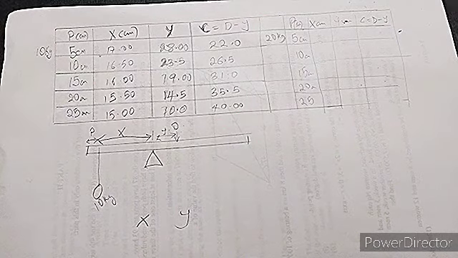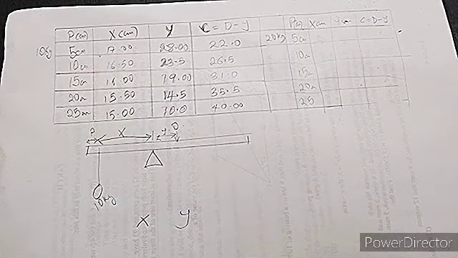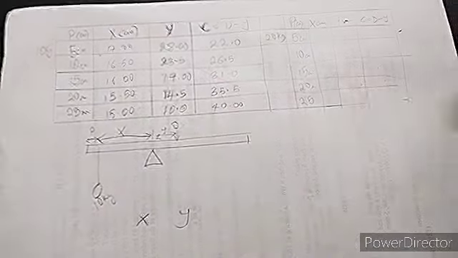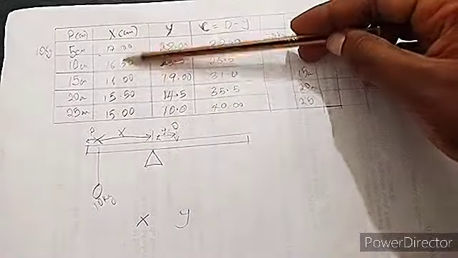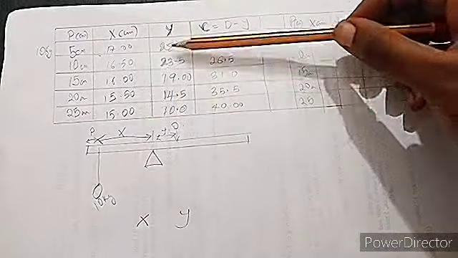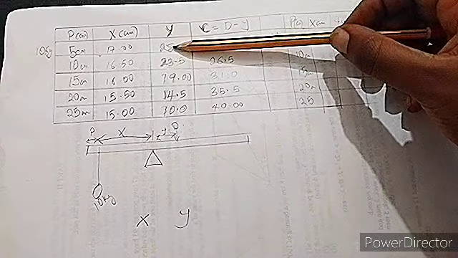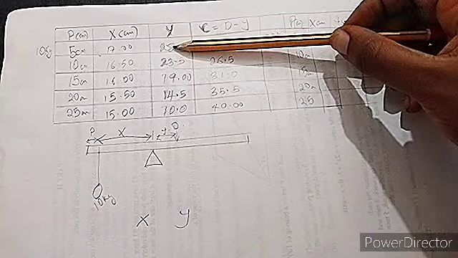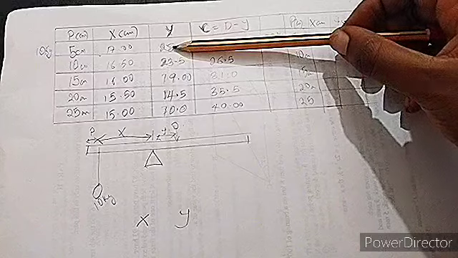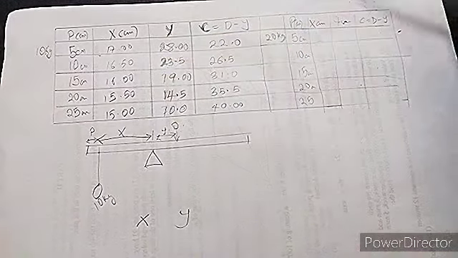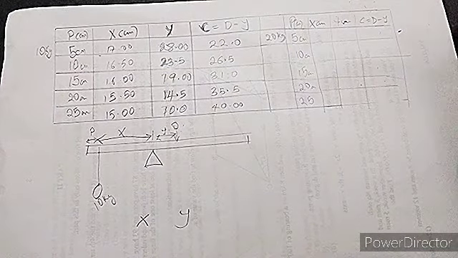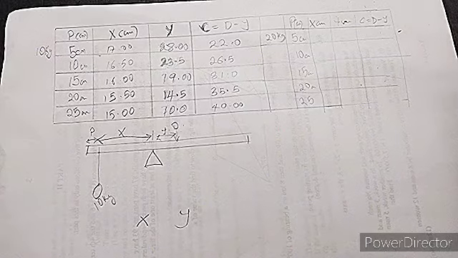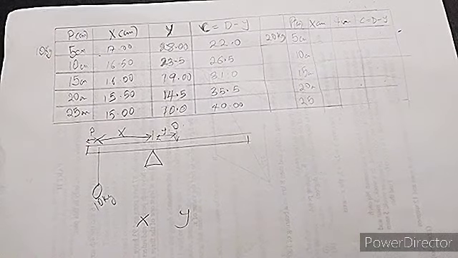Expected to plot a graph of x against y. So given these values, we have 15 to 17, we have 10 to 28. So what are we going to do? We'll go to our graph section. This is the graph section.